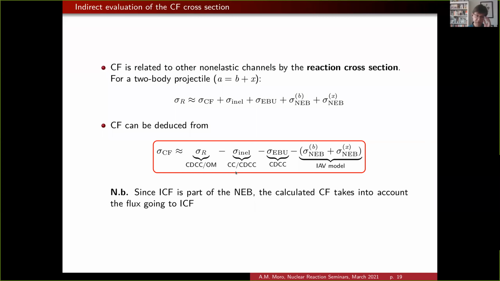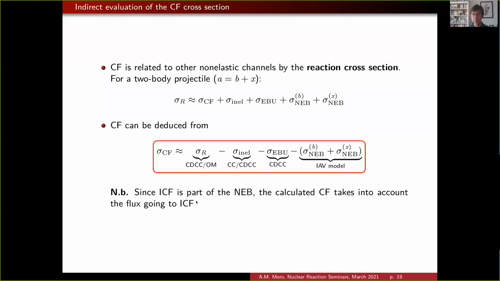The inelastic excitations can be computed also with standard coupled channels calculations, and the elastic breakup with the CDCC method. And here, this is probably the most difficult part, which we compute with the IAV model once more.